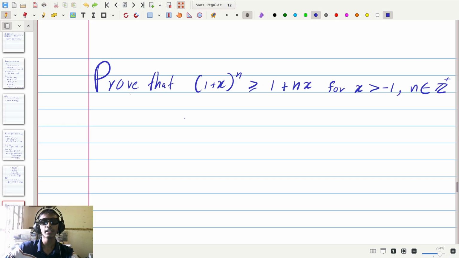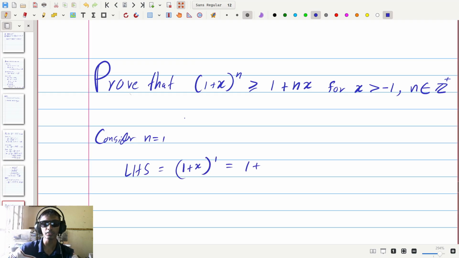So for that, let's consider the lowest that we can go, n equals 1. At n equals 1, the left hand side is equal to 1 plus x to the power of 1, which is 1 plus x. And the right hand side, RHS, is equal to 1 plus nx, which is 1 times x, which is 1 plus x.